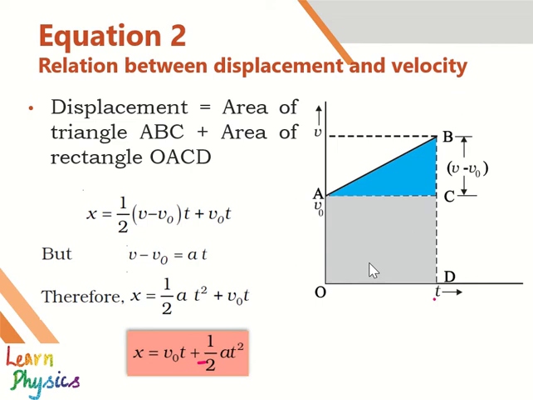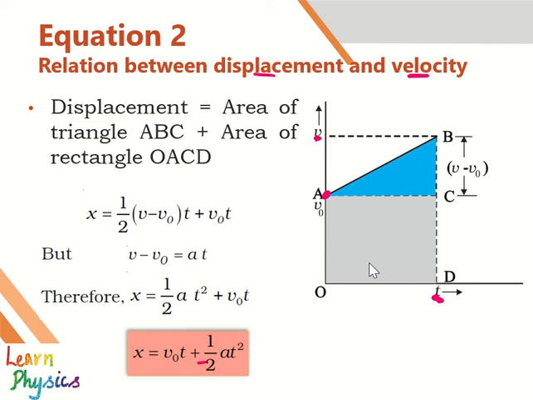The second equation relates two quantities, displacement and velocity. To derive the second equation, let's consider this graph. This is a velocity-time graph. Initially, the object has velocity v0, and after some time t, it has the velocity v.